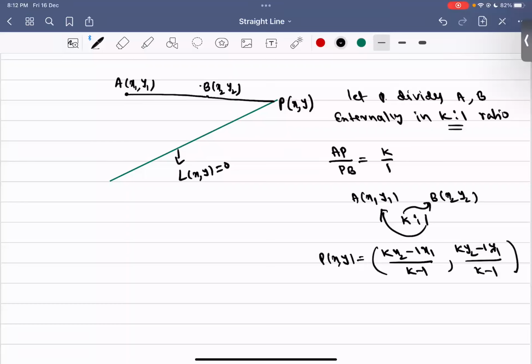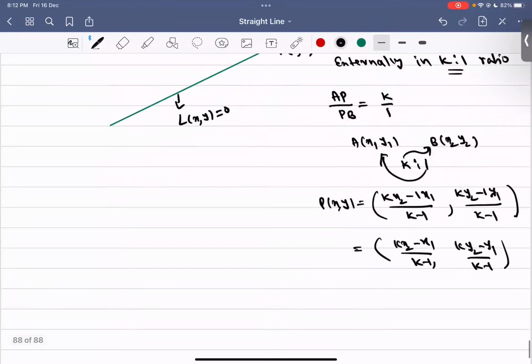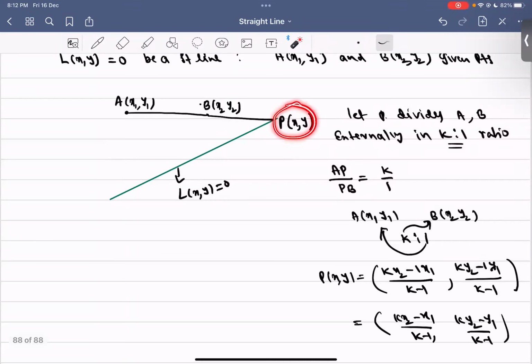So that is equal to (k x2 minus x1) by (k minus 1), (k y2 minus y1) by (k minus 1). So this point is P(x, y), the external division point.